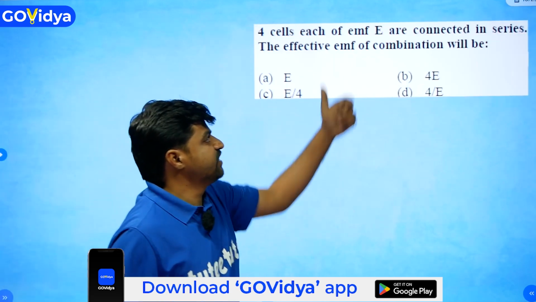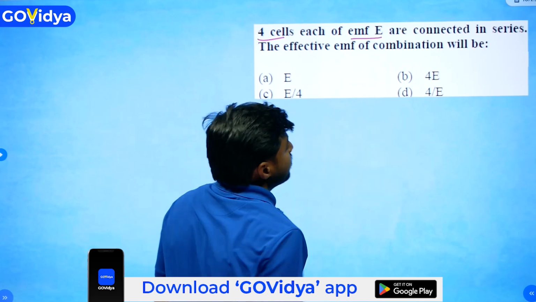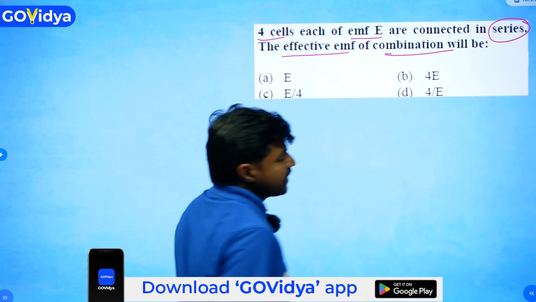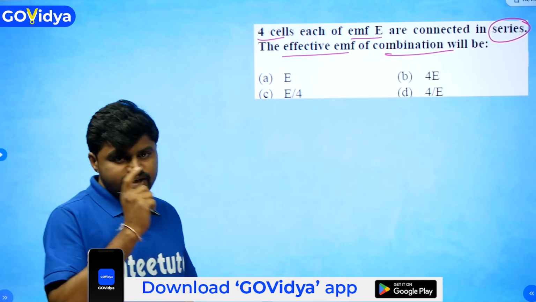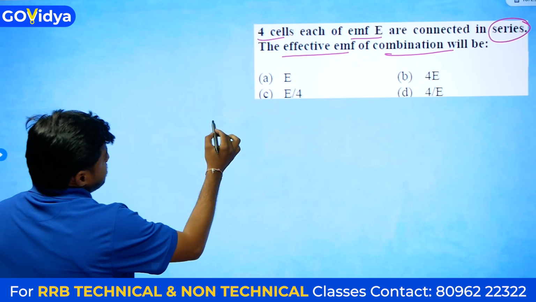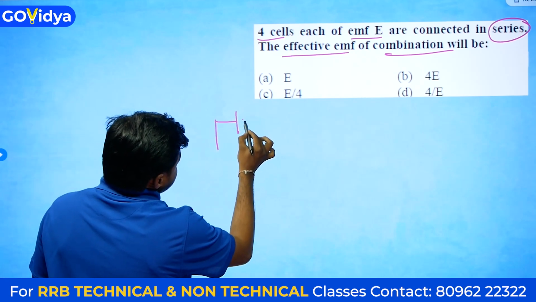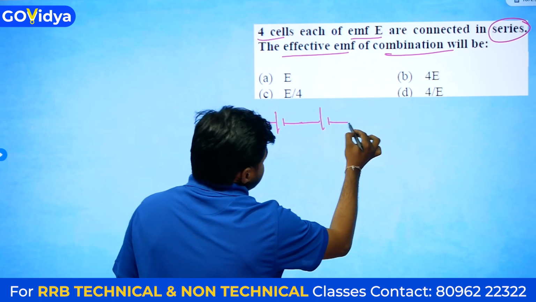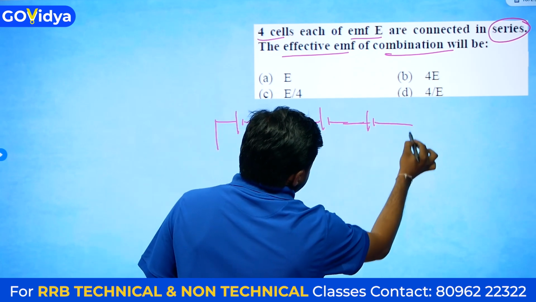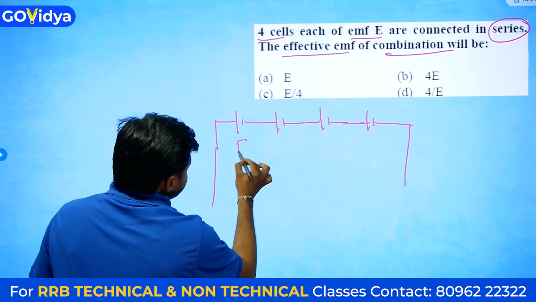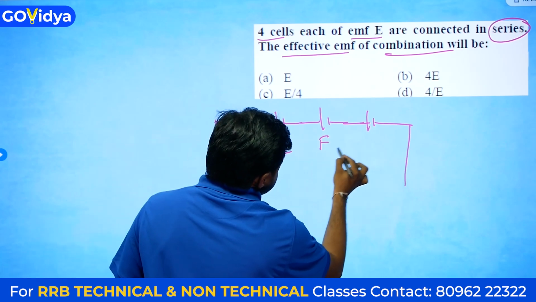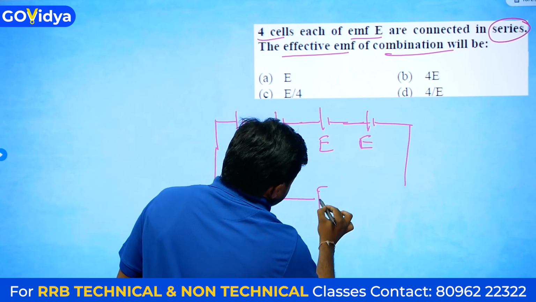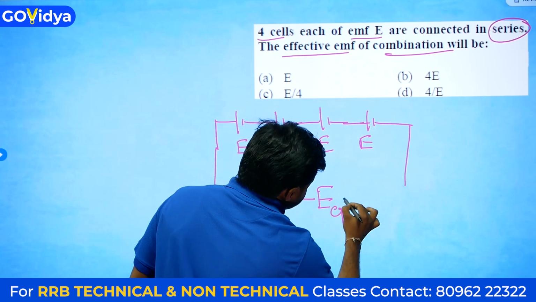Okay, next question. 4 cells having EMF E are connected in series. The effective EMF of the combination will be, okay, 4 cells, each cell is having EMF of E, they are connected in series. What is the resultant EMF?